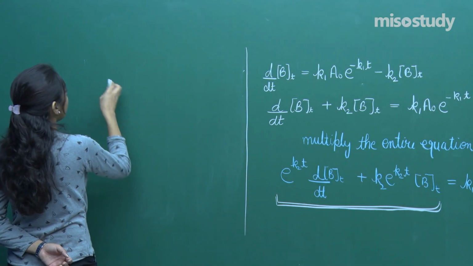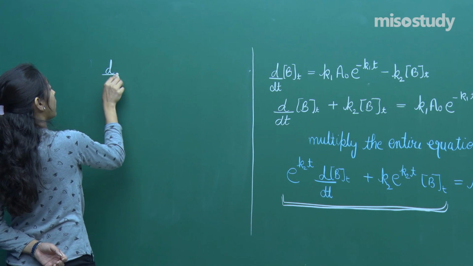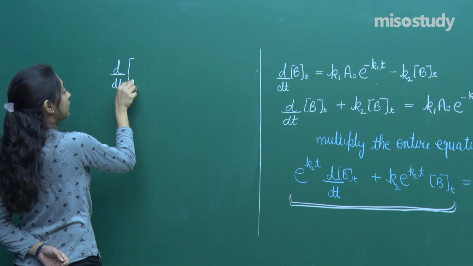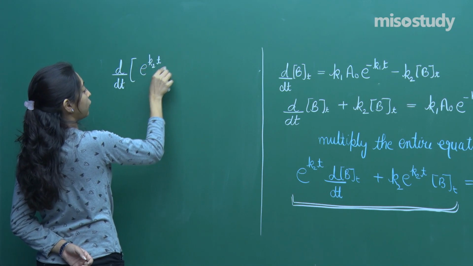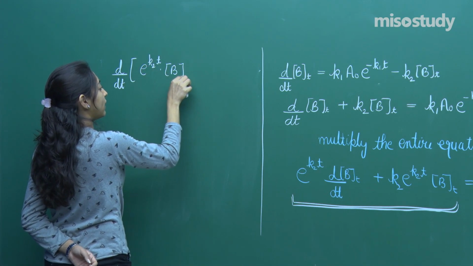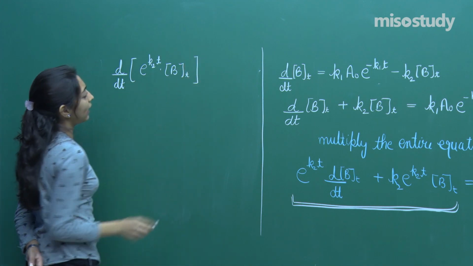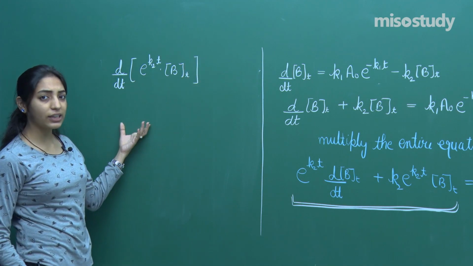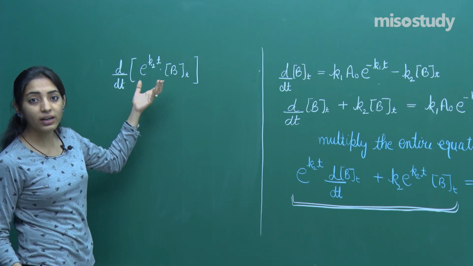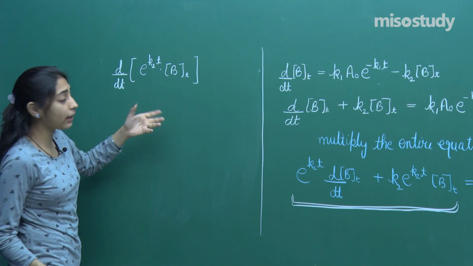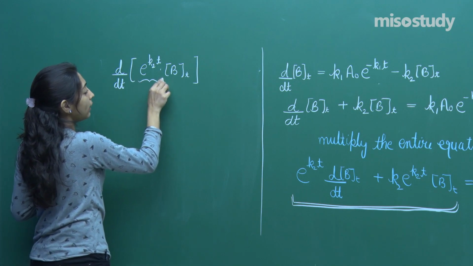So this particular equation, if you consider, don't you think that this can simply be written as, so see, if I write d by dt of e raised to the power k2 times t multiplied by concentration of B at time t. Suppose I am asking you to consider this. Now can you do the differentiation of this particular thing? So this is a into b.